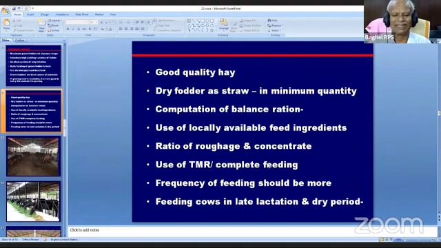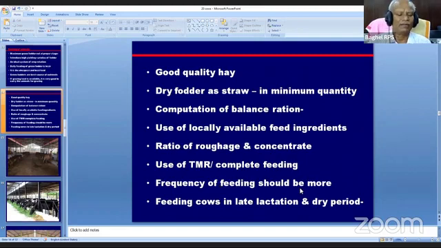In this connection, you must have heard of TMR, total mixed ration. As per the need of the cows, roughages and concentrate should be mixed together and then fed to the animals. That will be highly beneficial to the microflora in the rumen, and will increase the utilization of feed and improve productivity.